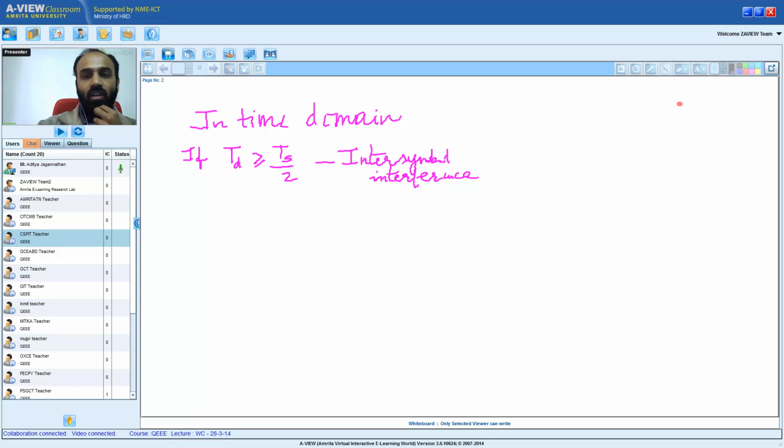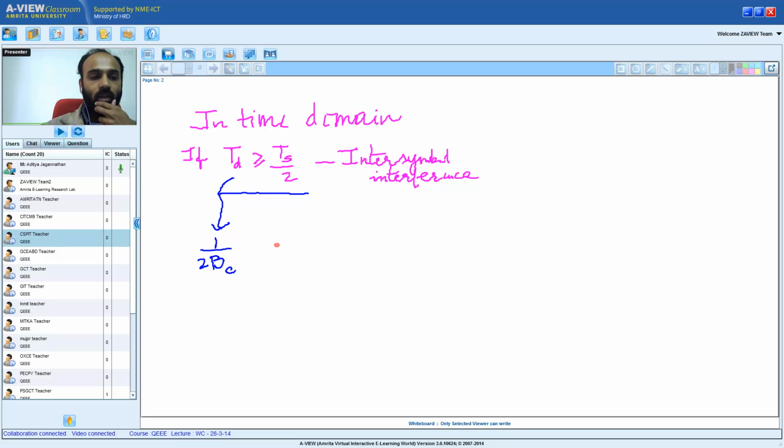That is correct. If the delay spread TD is greater than or equal to Ts by 2, then we have intersymbol interference. And of course we also said TD is equal to 1 over 2 BC.